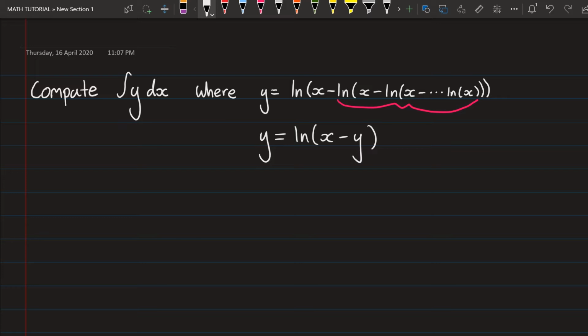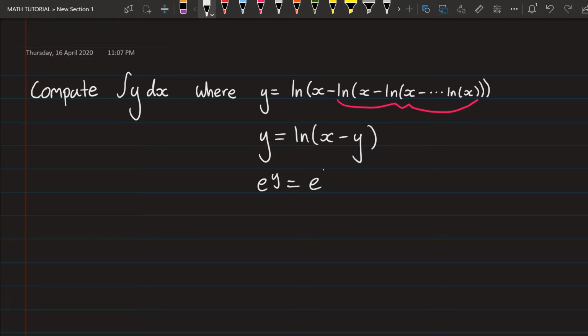The first thing we would want to do is rearrange to have y on one side and x on one side, so we could make a function of x in terms of y instead of a function of y in terms of x.